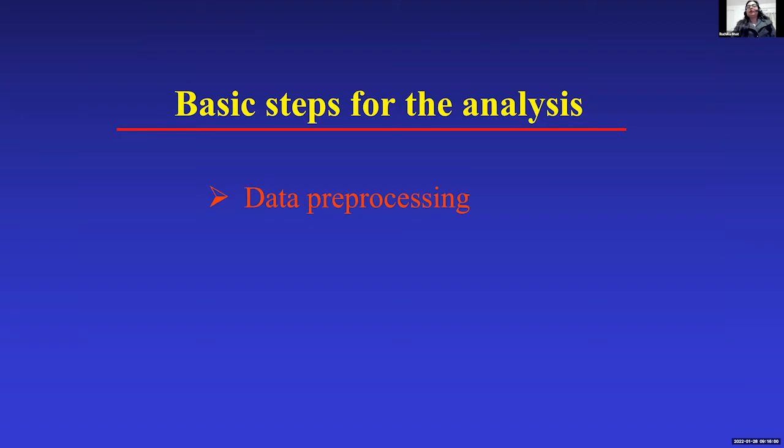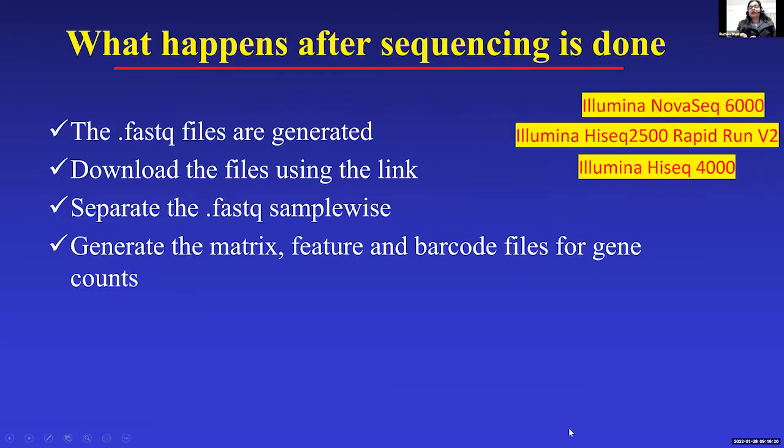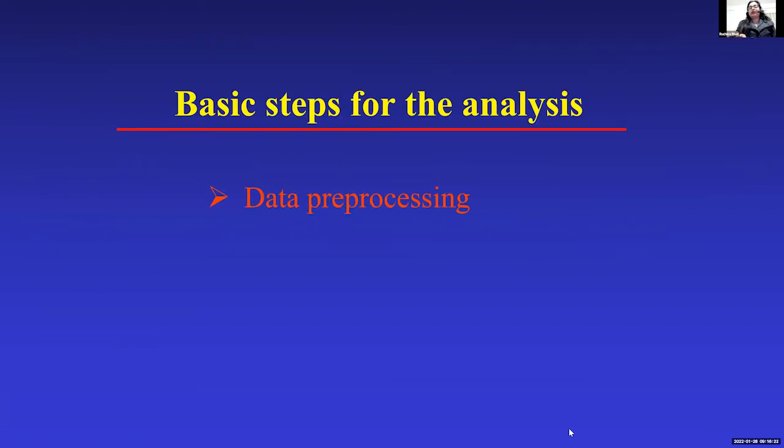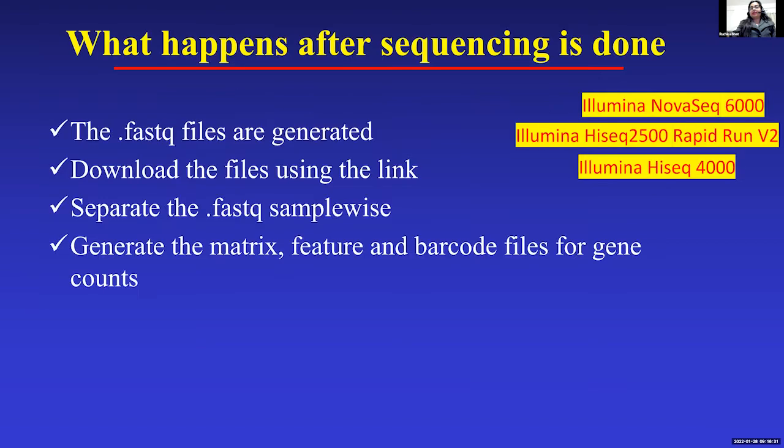Let's come to the steps of analysis. First is data pre-processing. Pre-processing means, once you have your library preparation, let's say you are doing a gene expression analysis and you give your library preparation to someone like Novogene, they do the data pre-processing for you, like generating the FASTQ sequences.